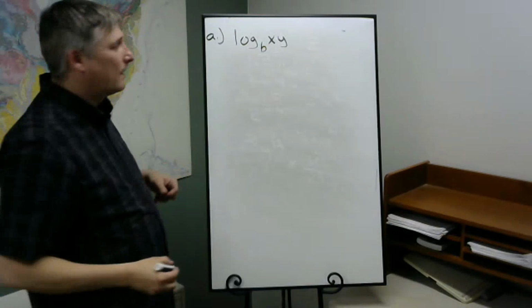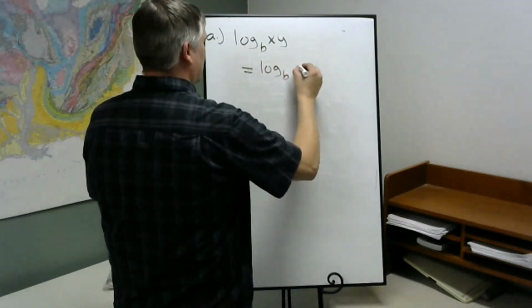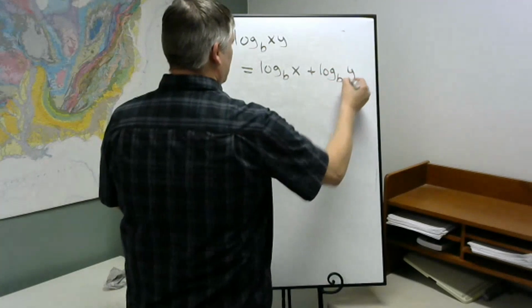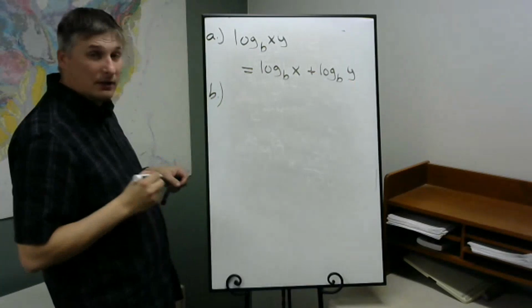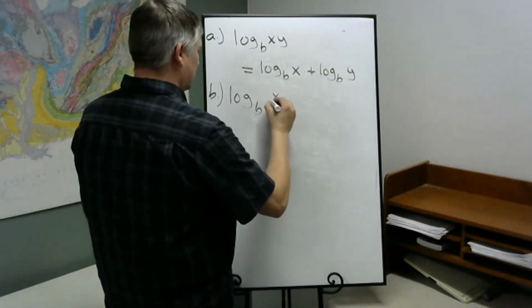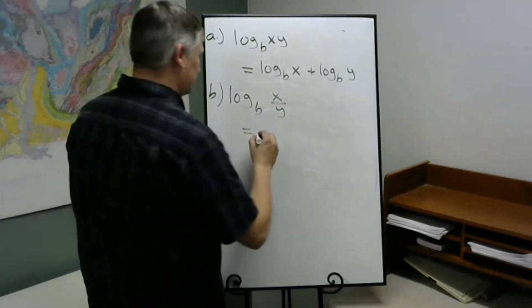The log of a product is the sum of the logs. The log of a quotient is the difference of the logs.